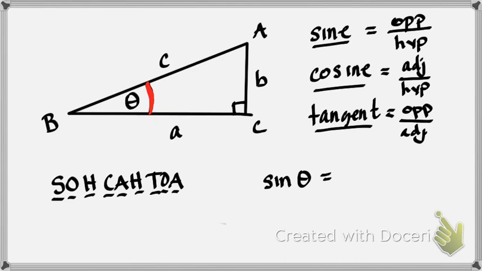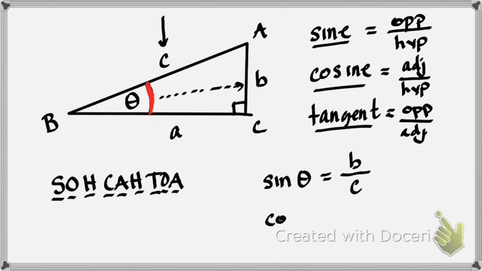The side opposite theta would be the B. So to replace opposite, you would go B, then put your little fraction bar, and then the hypotenuse side. The hypotenuse side is the diagonal side, or the C. And so the sine of theta would be equal to B over C. Now typically you would have numbers there, and that would be a way to figure out maybe a missing side or a missing angle.